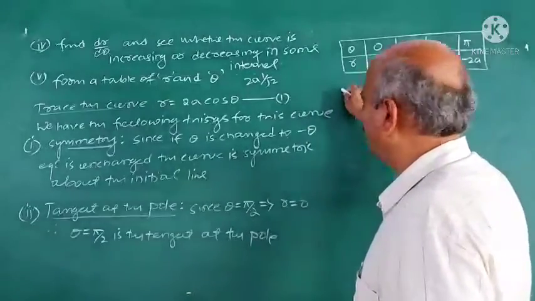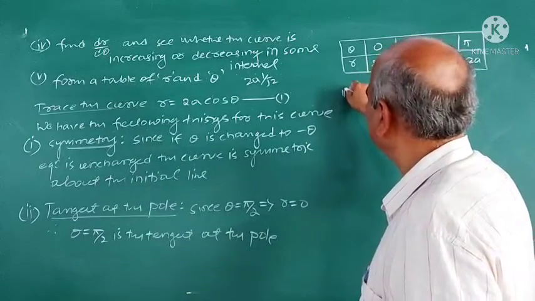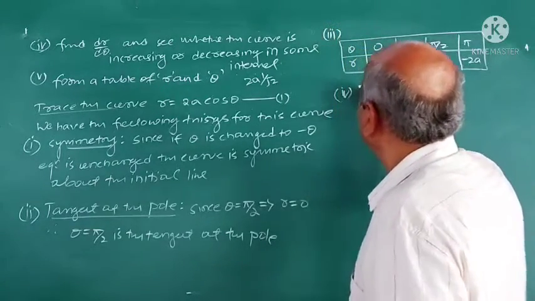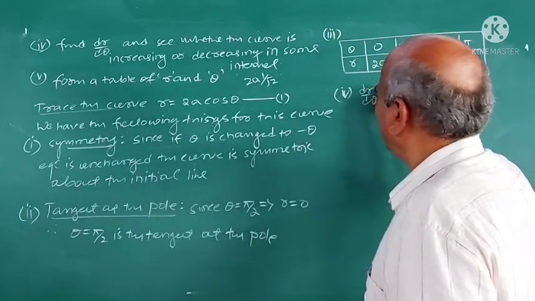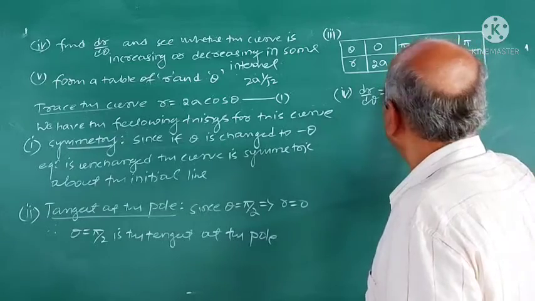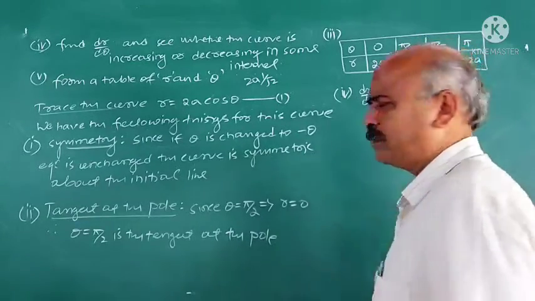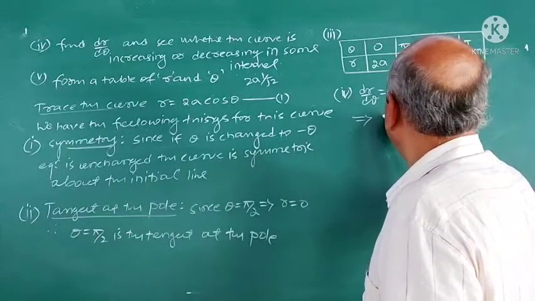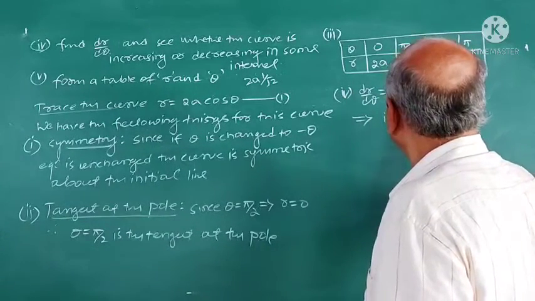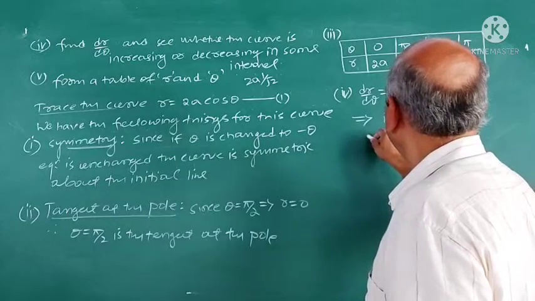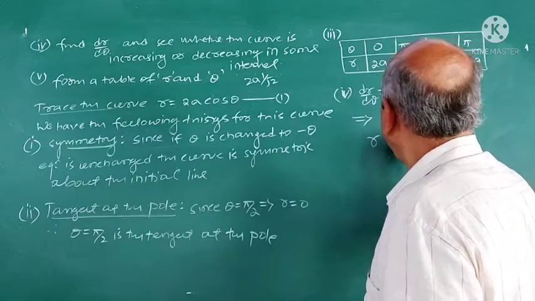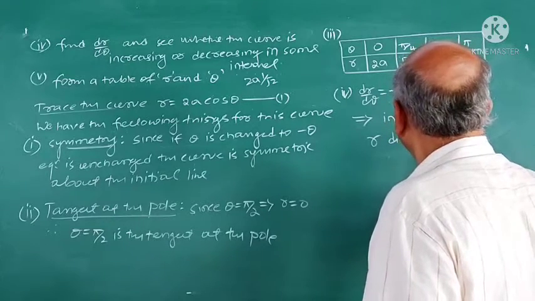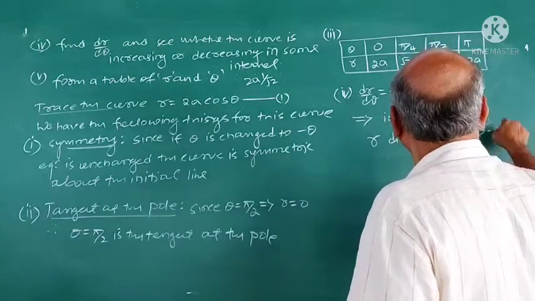Now we find dr by d theta. Fourth one, this is the third one, we plot the points here. Fourth one is dr by d theta, which is minus 2a sin theta. This implies in 0 to pi by 2, r decreases as theta increases.